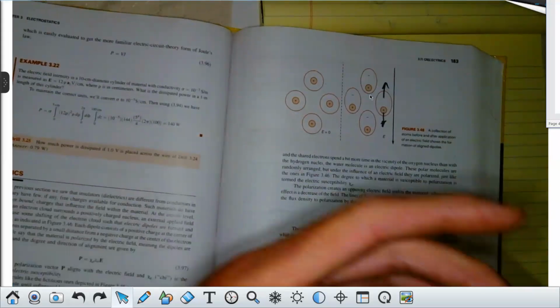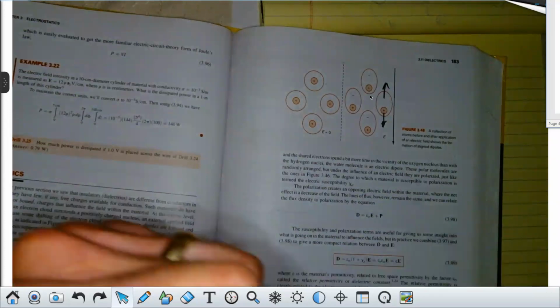They have a net positive center and a net negative center, and the net positive and negative centers are very close if there's no electric field. But the minute you impress an electric field on them, the positive centers move in the direction of the electric field and the negative centers move in the opposite direction, or the actual molecules stretch. And just like a spring, when you stretch something, if you remove the electric field, it goes back to its original state. That's the way it works at the molecular level.